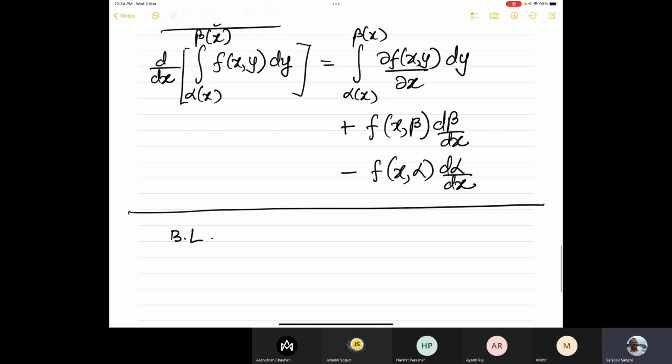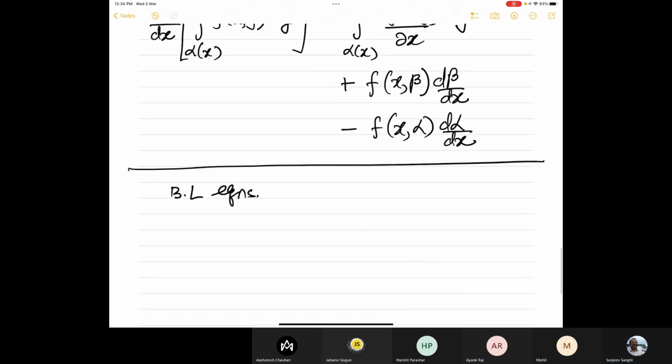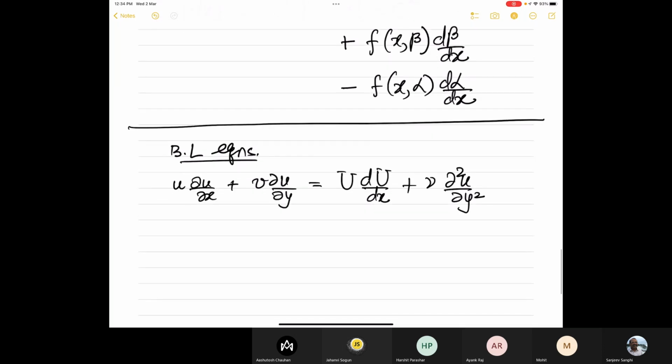So we'll use this in our derivation. Also, we have defined these two quantities. So let us now look at the boundary layer equations. The boundary layer equations are, and we have the continuity equation.